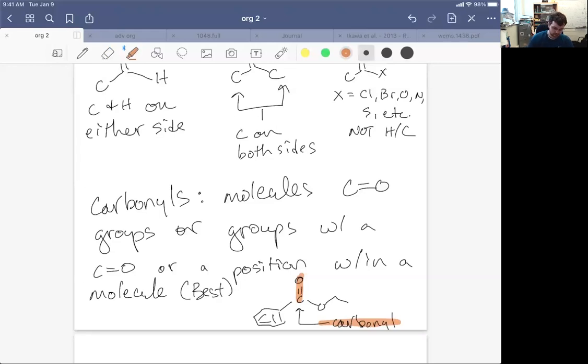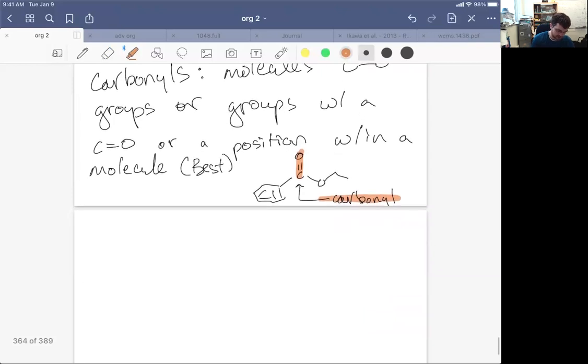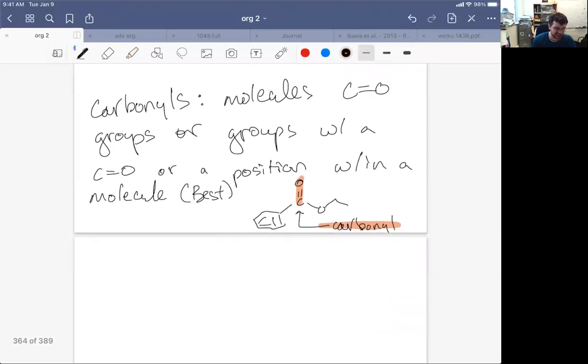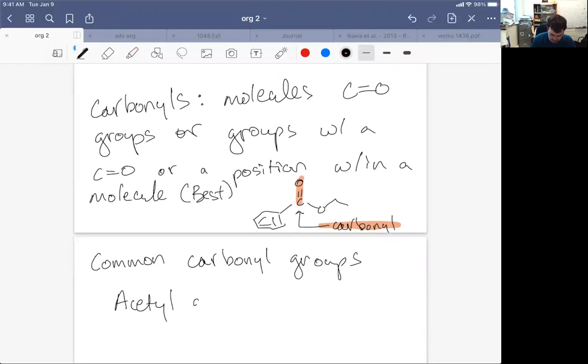Before we look at the IUPAC stuff, let's mention some common carbonyl groups. Okay, there's the acetyl group. The acetyl group is when we have a CH3 attached to the carbonyl, which is attached to really anything else.